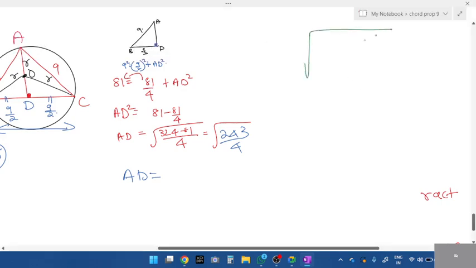If you factorize 243 and 4, what do you get? Is it 3 to the power of 5 or 6?